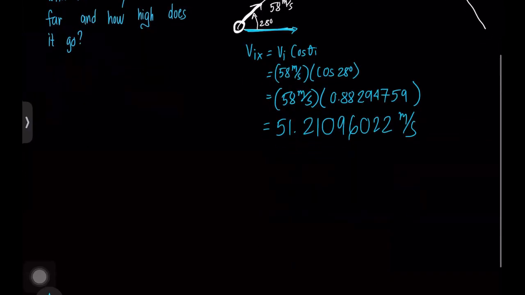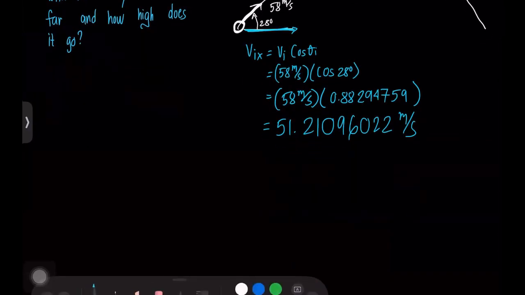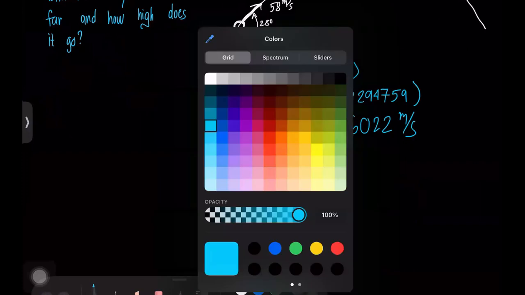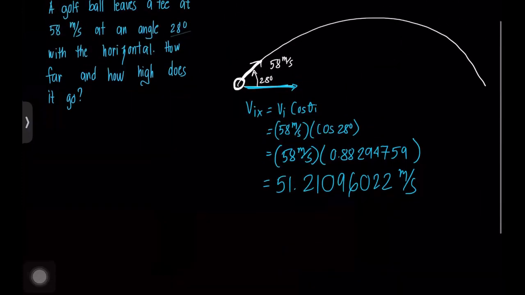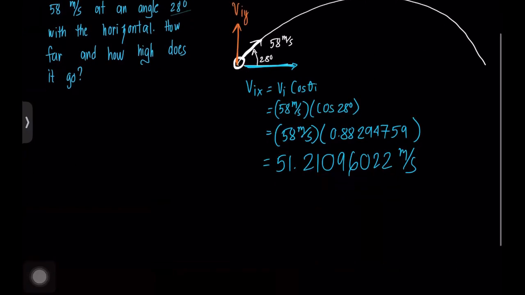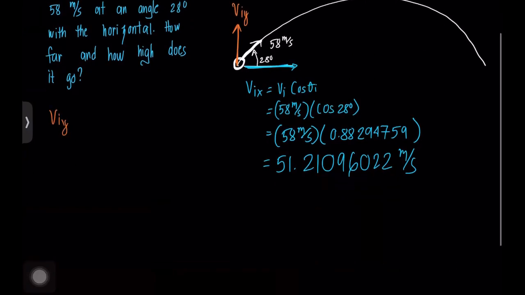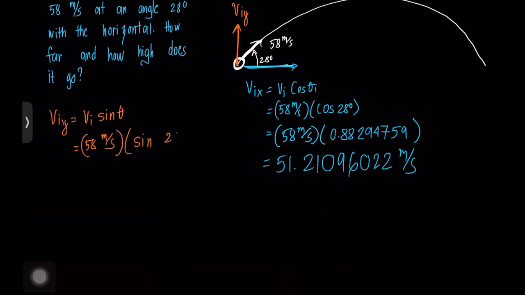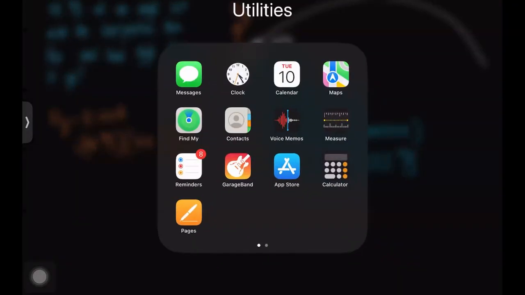Now let's solve for v sub iy. V sub iy is equal to v sub i times sine theta, which is 58 meters per second times sine 28 degrees. We get our calculator again.